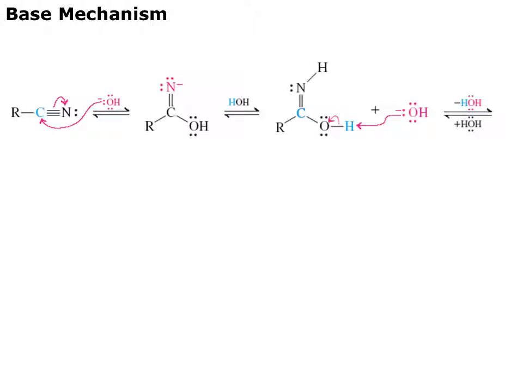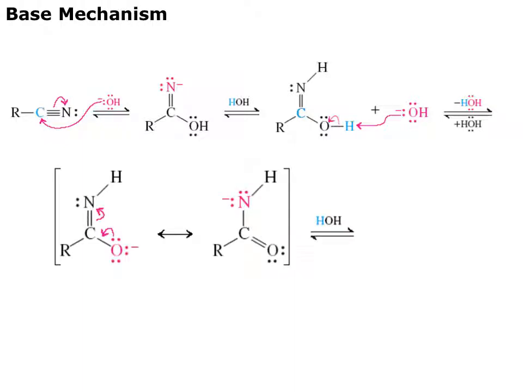In base, the mechanism's a little bit more straightforward. We'll actually see our hydroxide adding as a nucleophile, kicking electrons out onto the nitrogen. Nitrogen can then pick off a proton from water, acting as base. Again, we've made something very similar to an amide, where that acid proton is going to be very easily taken off by hydroxide.